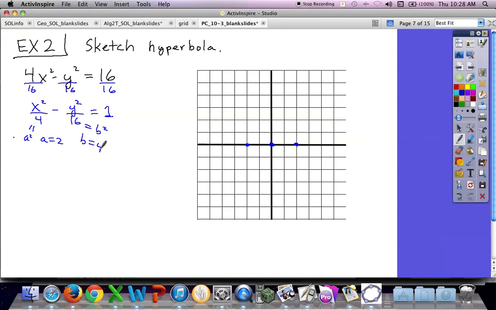After you've found your vertices with a, you're going to go in the perpendicular direction, the b distance, right? So go up 4 and down 4. And those 4 points are going to be the midpoints of a rectangular box.